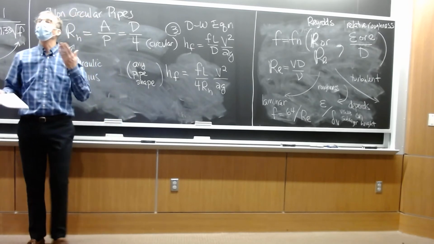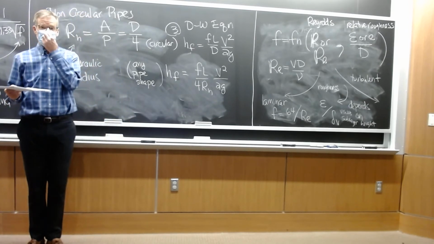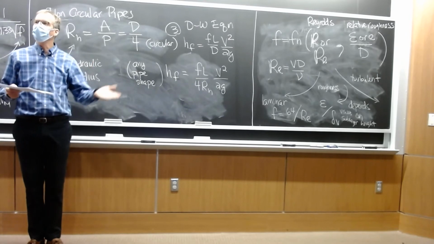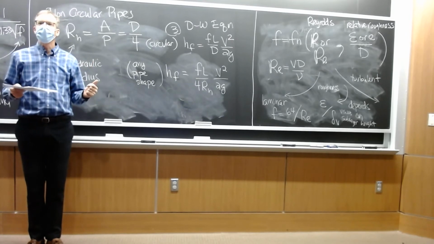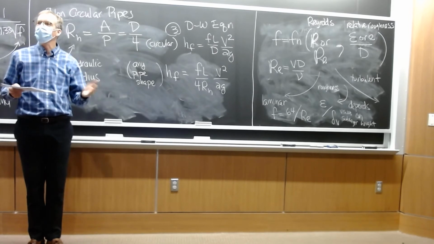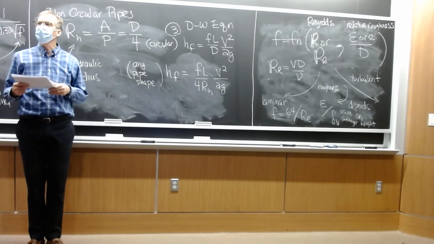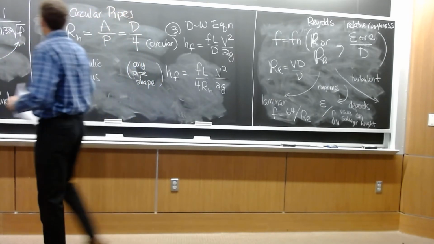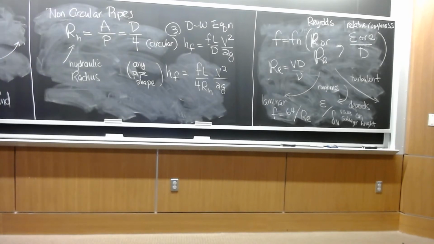So let's just try one. I'm going to say the relative roughness was 0.01, and the Reynolds number is 10 to the 6th. I'm just going to write that down.